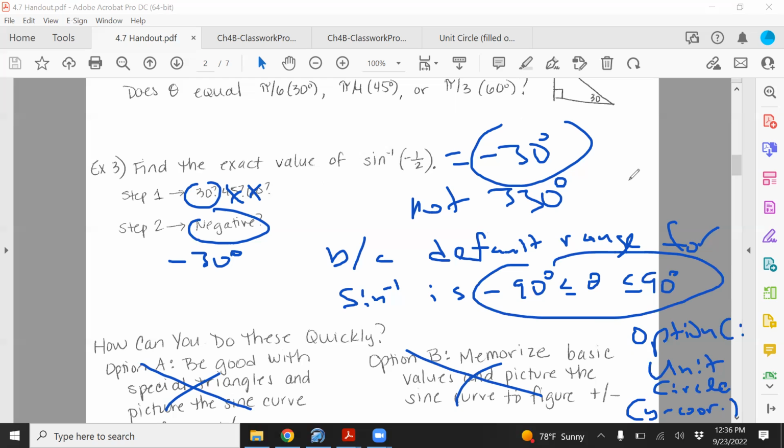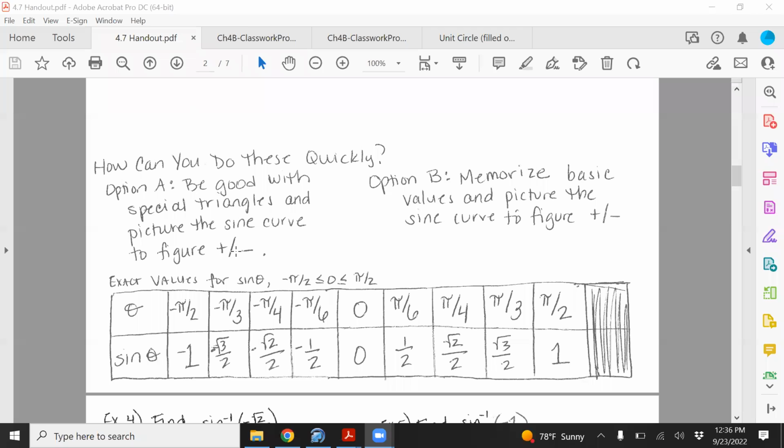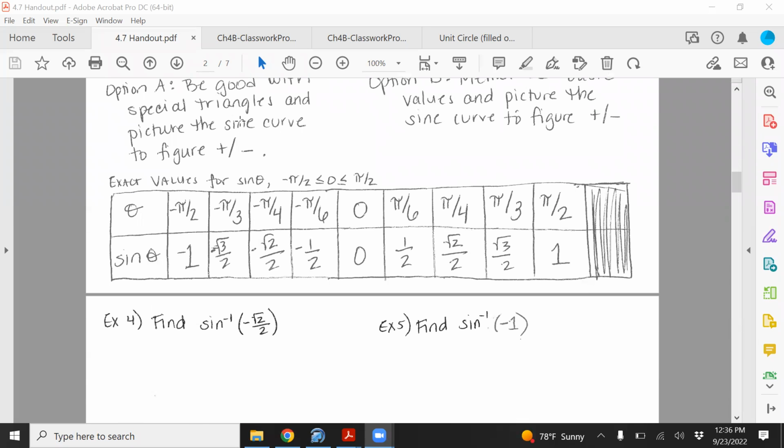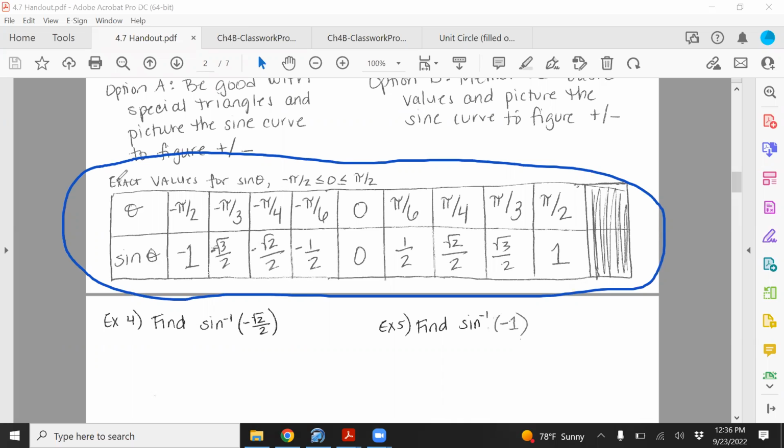All right, can we move on? You see this table? Actually, let me redo this.